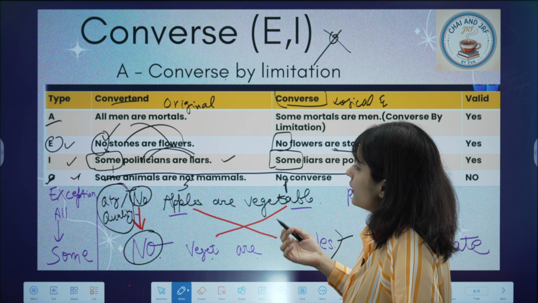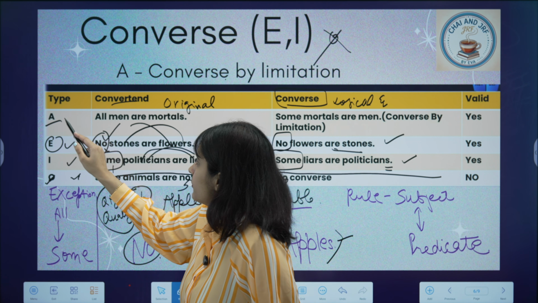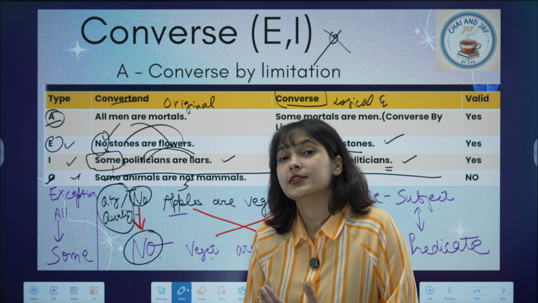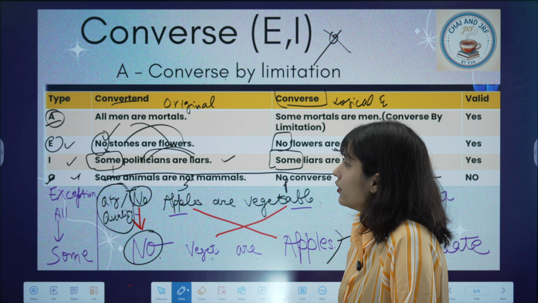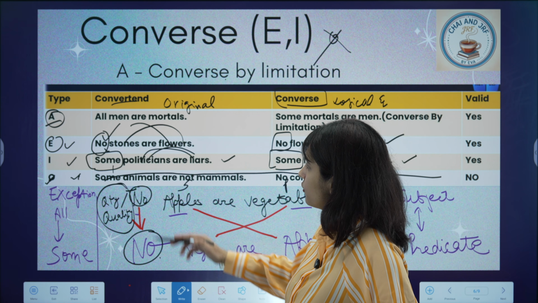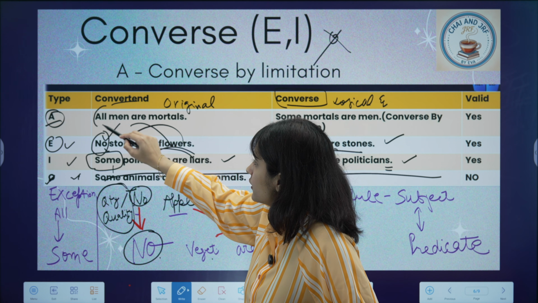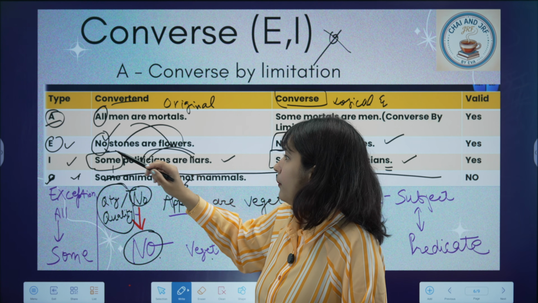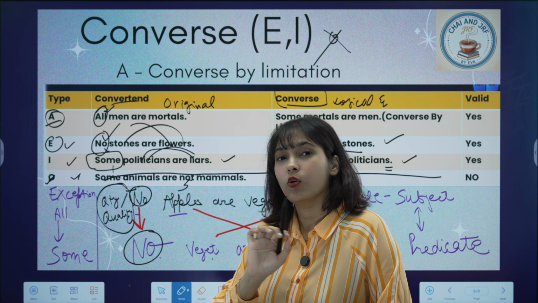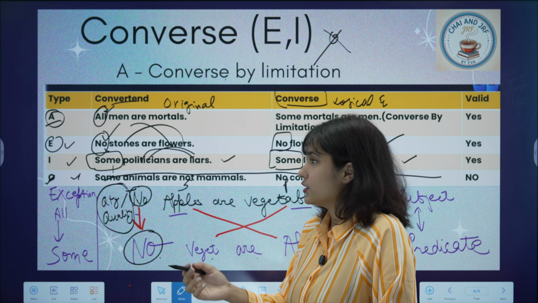So now let us discuss the concept of limitation. Converse by limitation, what does it mean? In this conversion, we are going to change its quantity, not quality.